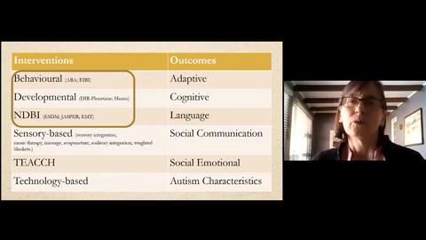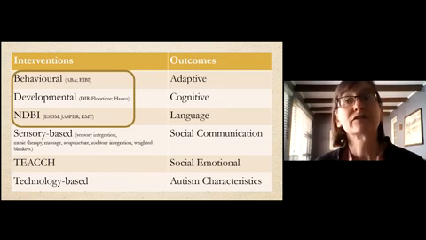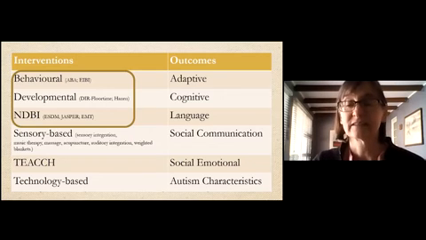And when they consider all the evidence, without too much concern about the quality of the evidence, they say that behavioral, developmental, and NDBIs really have a strong evidence base for effectiveness, and we can say that is the case.